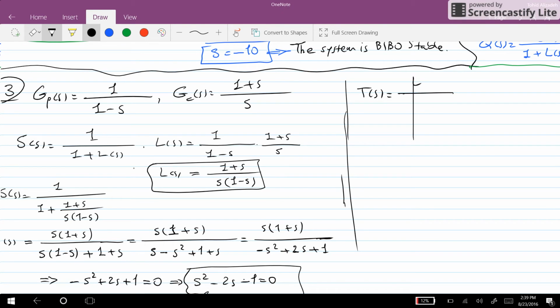So for T, we know that we have L over 1 plus L, where L is given here.